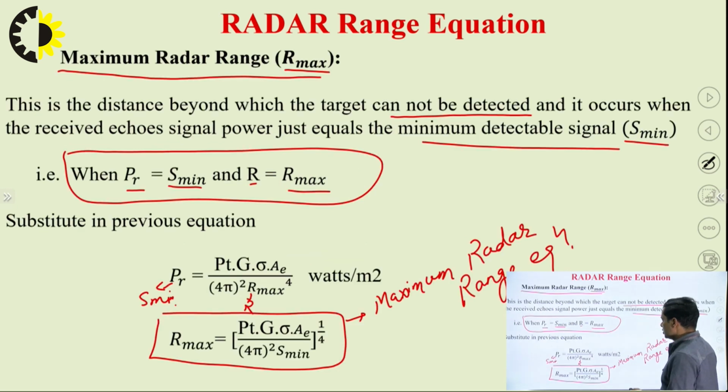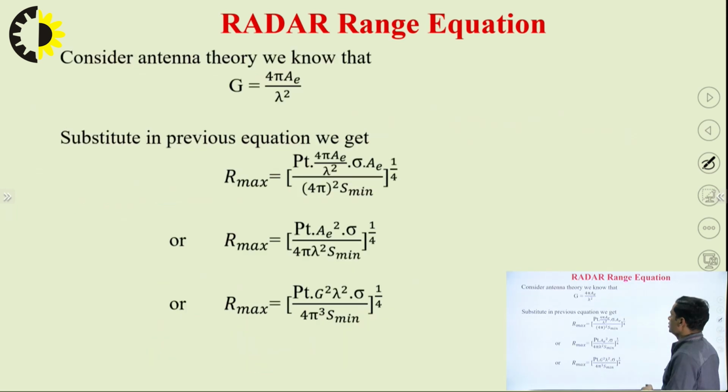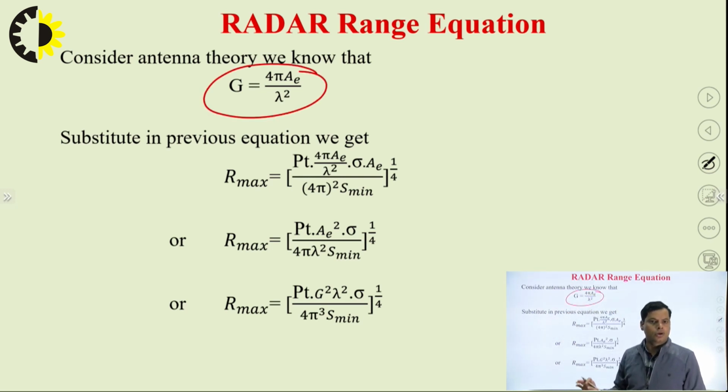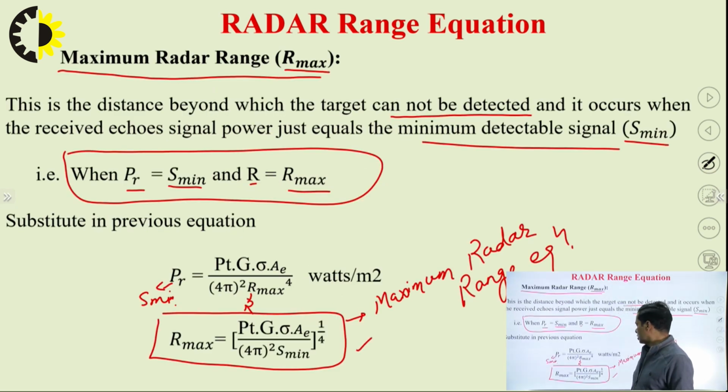Now, we can change this maximum radar equation because we have already considered that the transmitting antenna has the directive gain G, and we know the relation G is equal to 4 pi into A by lambda squared, that we have already studied.